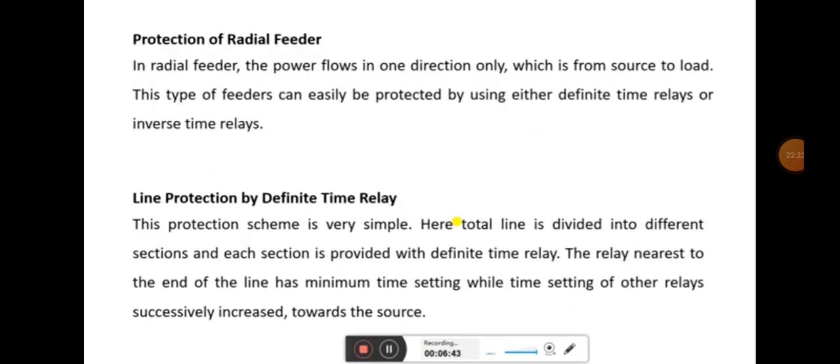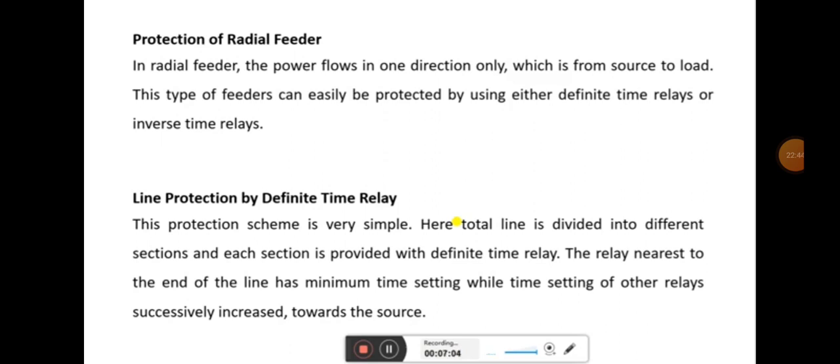So first is the protection of radial feeders. We should first understand what radial feeders are. In radial feeders, the power flows in one direction only, which is from source to load.